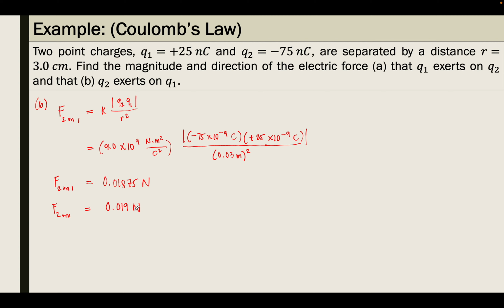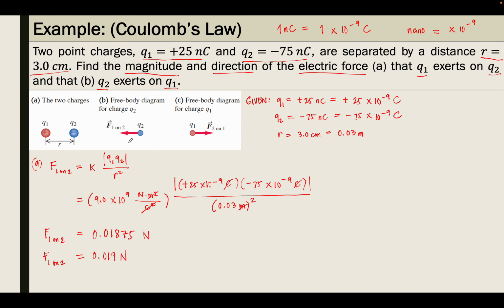But here, we now go to the direction. So they are the same in magnitude, but let's find out the direction. Okay, so we have here on the figure, letter B is the free body diagram for charge Q2. So, the direction of the force that Q1 exerts on Q2 is going to the left. Now, why? Notice that Q1 is a positively charged particle, Q2 is a negatively charged particle.